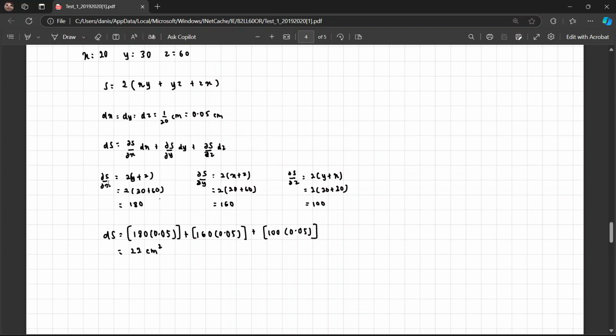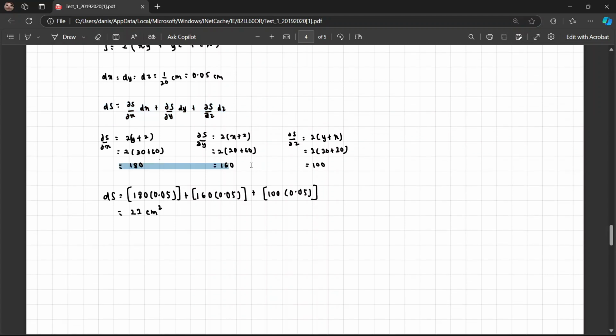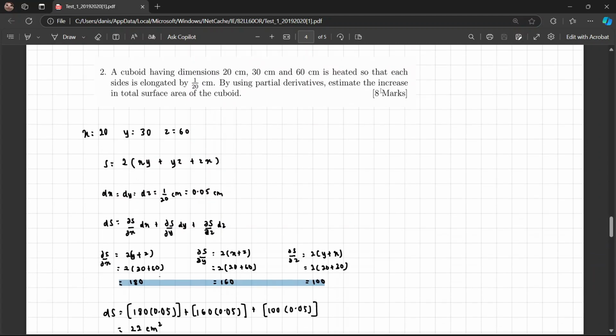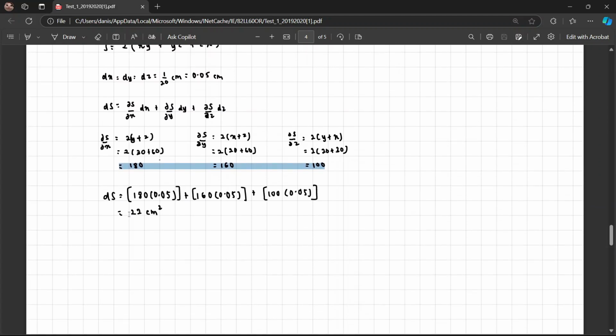So we know that dS over dx is 2 times (y plus z), which gives us 180, while dS/dy is equal to 160 and dS/dz is equal to 100. We use this formula again and substitute all the values, and then we get dS, which is the increase in total surface area, is 22 centimeters squared.